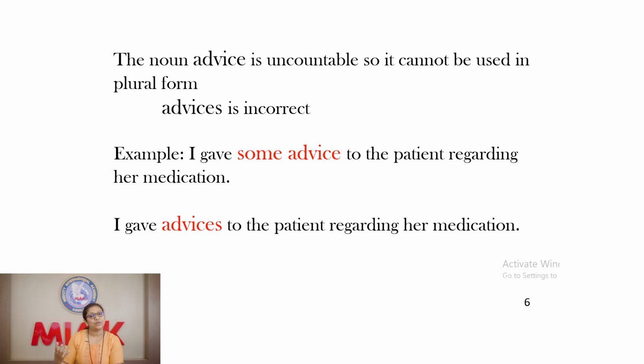So what if we want to say that I was given more than one type of advice? Advices cannot be used with an S. So how do I solve this problem? I gave some advice to the patient regarding her medication. Or else I can use pieces of advice. അതായത് more than one, but I'm not adding an S to the word advice, which is a noun form.